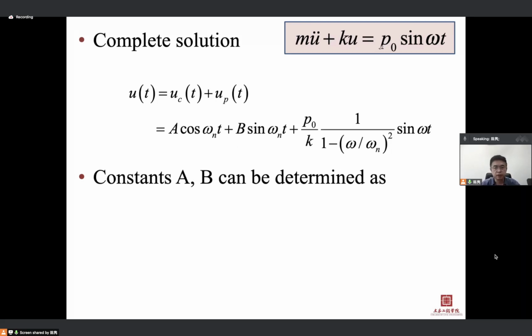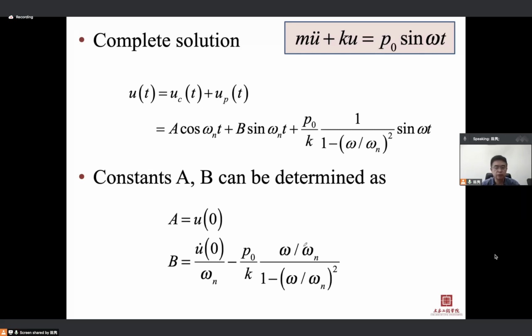Here we have an external load, so you need to determine A and B after you apply this. This is from mathematical requirements. After we introduce the initial conditions, U0 at time zero, you can quickly get this part equal to 0, because sine omega t is 0.